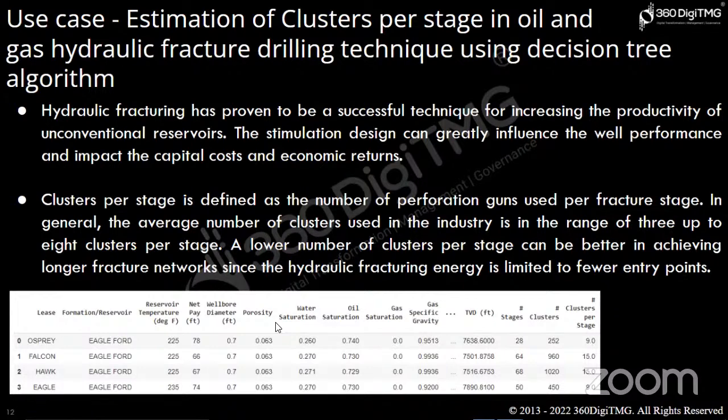We also have water saturation, oil saturation, and gas saturation. All these values we have taken. Based on these values, I am trying to do decision tree regression. Based on this data, I am trying to predict the number of clusters.